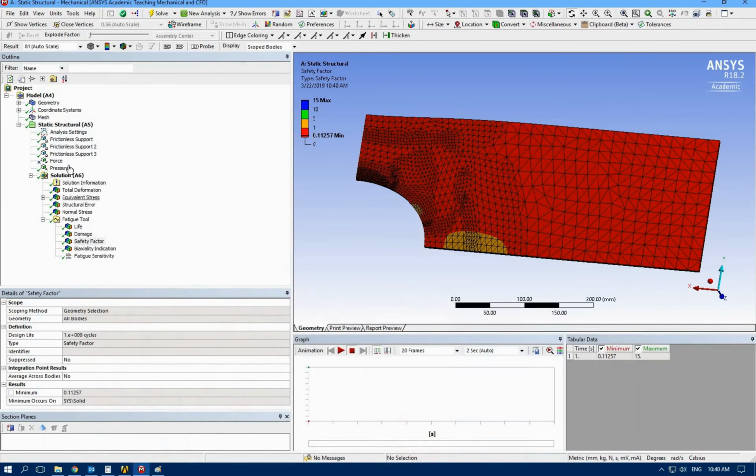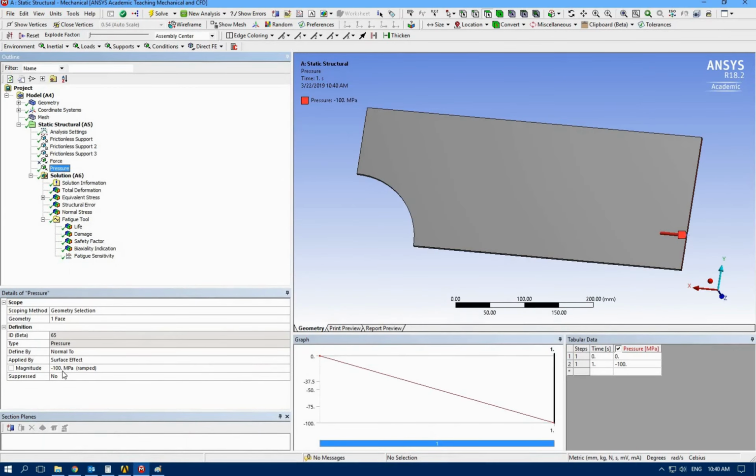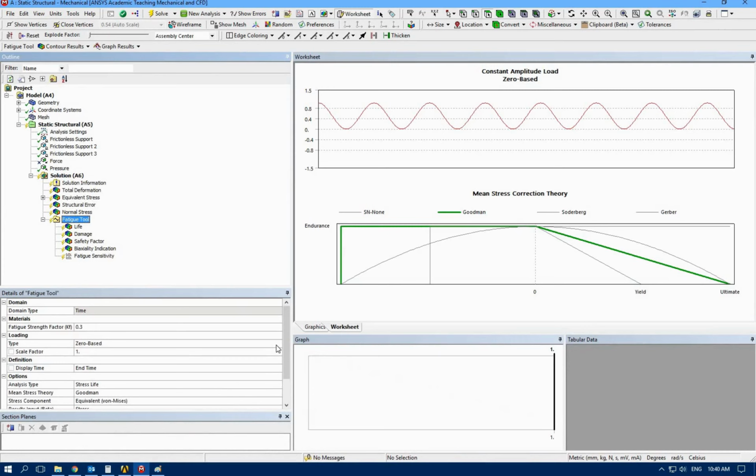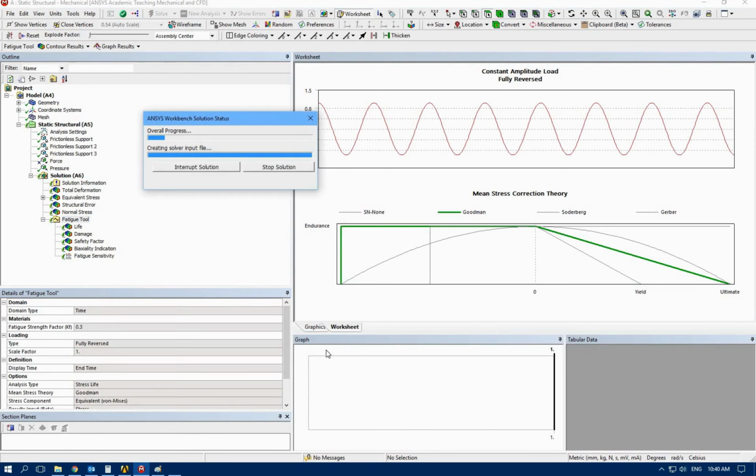Pretty good. Let's go for case 2. It was just 50 megapascal, but fully reversed. Let's go and calculate that one.